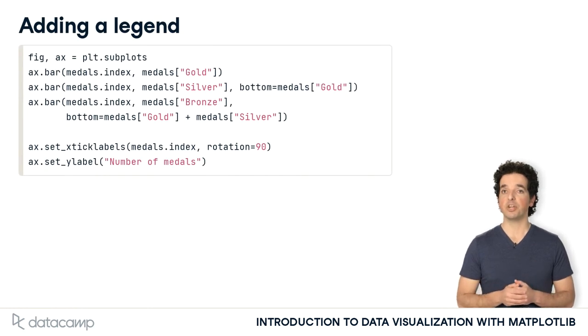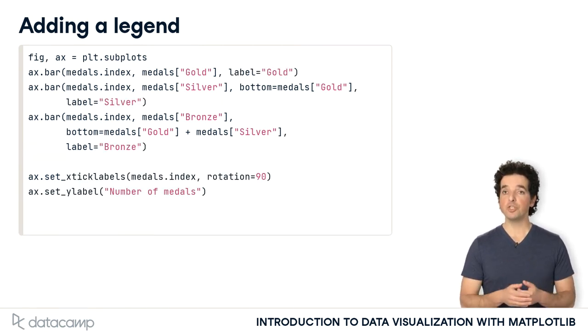To make this figure easier to read and understand, we would also like to label which color corresponds to which medal. To do this, we need to add two things. The first is to add the label keyword argument to each call of the bar method with the label for the bars plotted in this call.